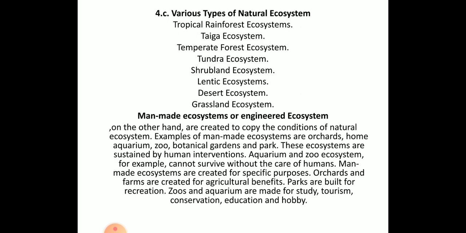And we need to write a note on the man-made ecosystem, which is also called an engineered ecosystem. In a man-made ecosystem, you usually come across gardens, aquariums, zoos, some protected areas or agriculture lands. These all come under the man-made ecosystem, also called the engineered ecosystem.